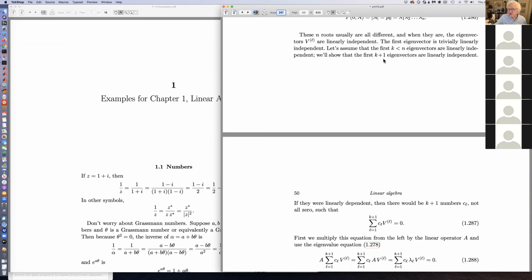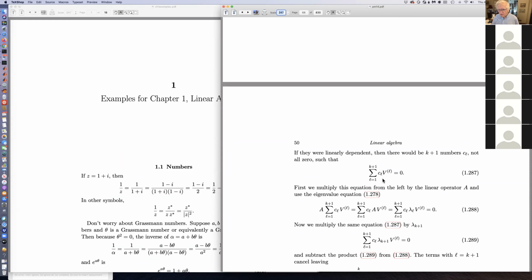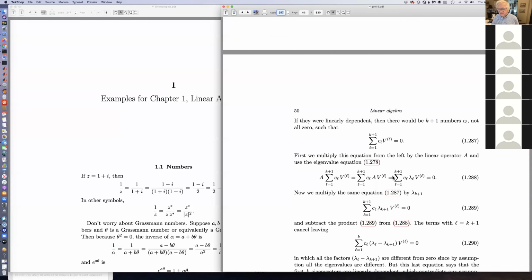If we assume the contrary, that they're linearly dependent, then there would be k plus 1 numbers c_l, not all zero, such that you have this equation. We now multiply this from the left by A and use the fact that these vectors are eigenvectors of A, and so A turns them into themselves multiplied by the corresponding eigenvalue.